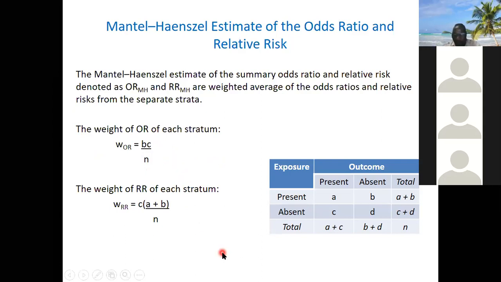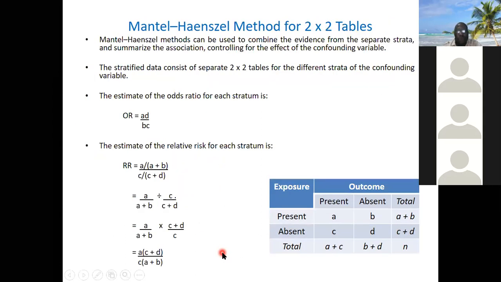If you look at their formula, the weight is the denominator of each formula. And it makes sense, because the denominator is the contribution of each stratum to the total.